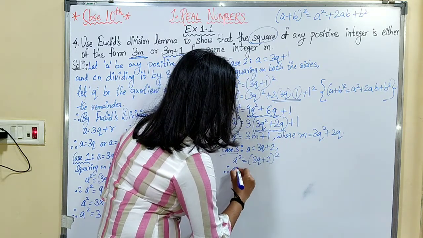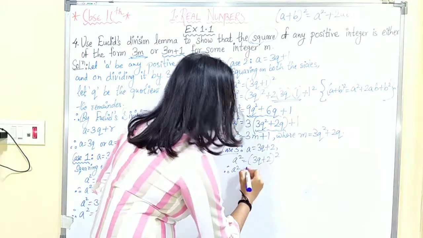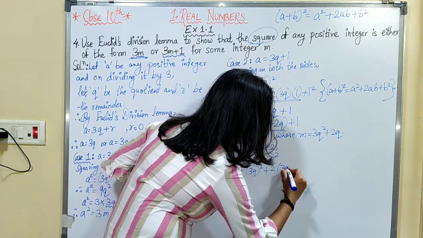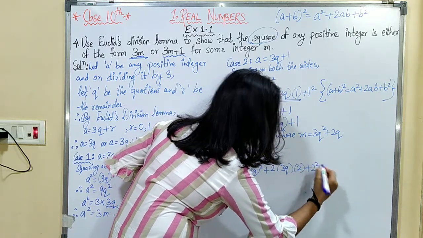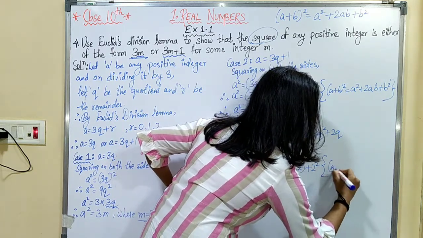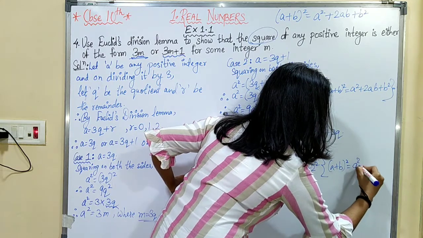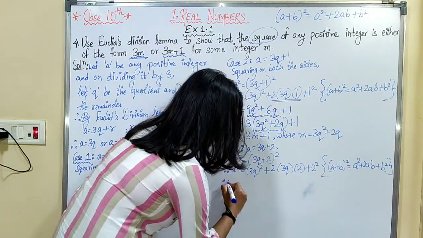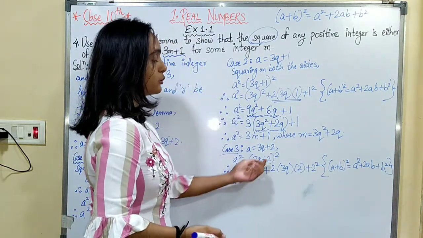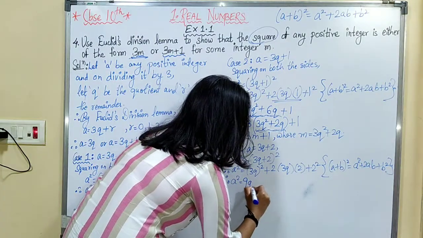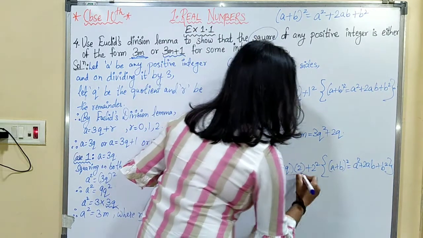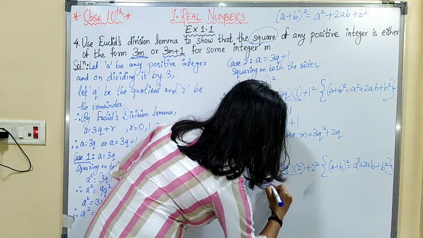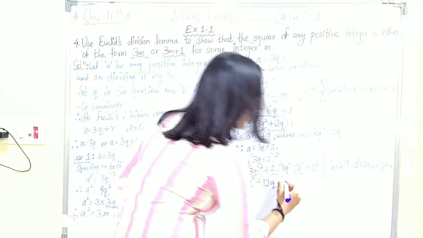Then by using the same expansion, a plus b the whole square equals a square plus 2ab plus b square, we will get 3q the whole square plus 2 multiplied by 3q multiplied by 2 plus 2 squared. Now 3q the whole square will be 9 q square, plus this one term: 3 multiplied by 2 is 6 and 6 twos are 12, so 12q, plus 2 twos are 4.